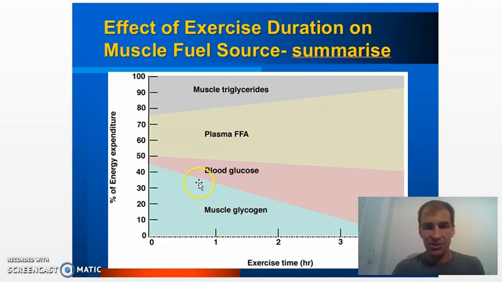Here we can see muscle glycogen depletes, and truth be told, this line probably should come down that way. Blood glucose, assuming we are restoring that, because you would need to at some point, 2 hours in, is also decreasing. So we're seeing this shift from carbohydrates to a little bit more fatty acids, again because we have more of them, we have more storage of them, and as we've talked about way back in bioenergetics, they form more ATP. So it's a really good deal aerobically, but they form more ATP.